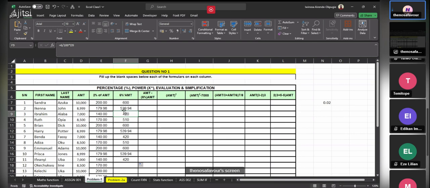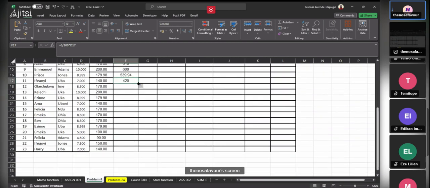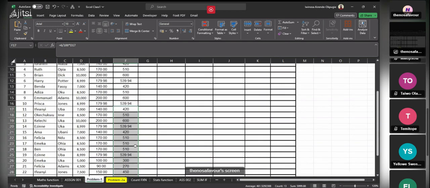So Excel now understands that it's the cell, not just the content. Did you get that? Yes, sir. All right. Thank you. Does anybody have any question concerning that? Yes, sir. Please, can you go over it again?